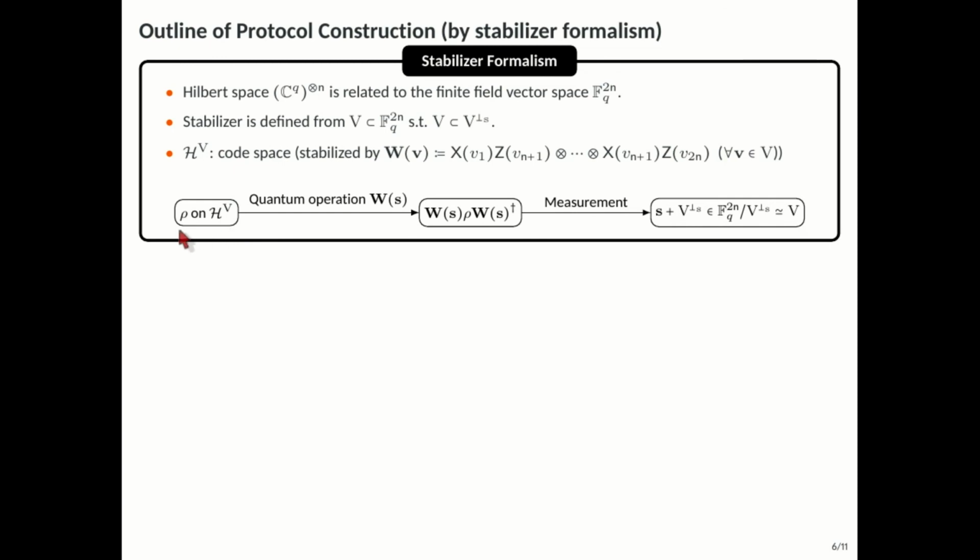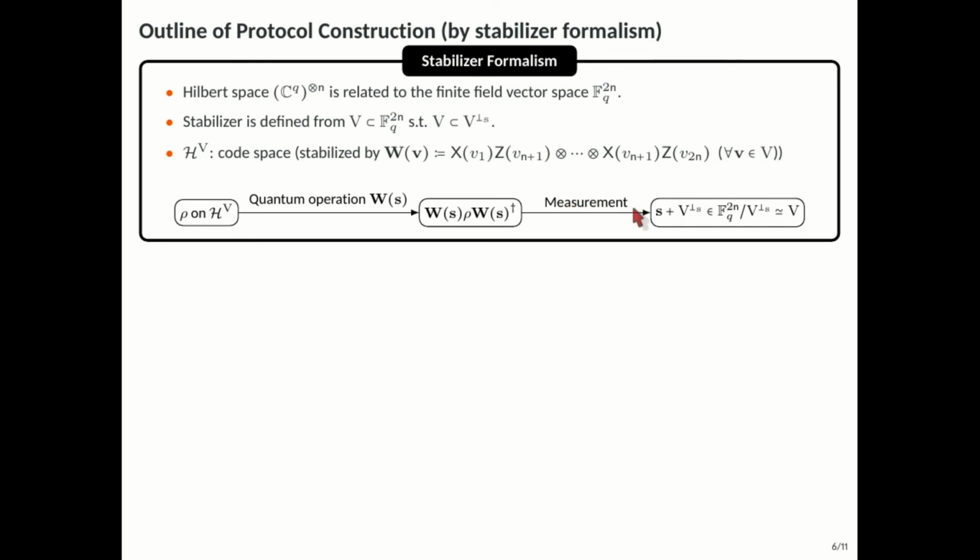Let's say that a state rho is prepared on this code space, and a unitary operation W_S is applied. Here, the W operation is defined as the combination of X and Z operations. And then we apply a measurement on this state, which is often called a syndrome measurement in stabilizer error correction.